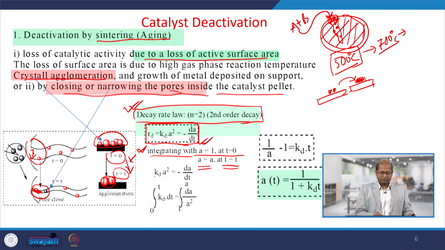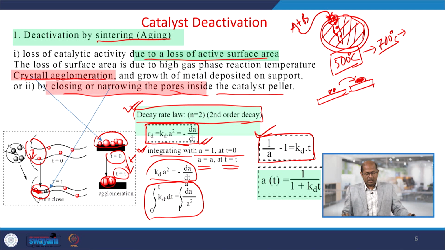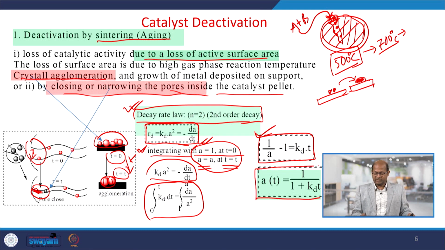After rearranging and integrating with respect to these boundary conditions, we get the activity a equals 1 divided by 1 plus k_d times t. Here k_d is the deactivation rate constant and t is the time.